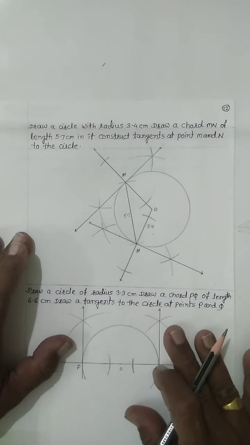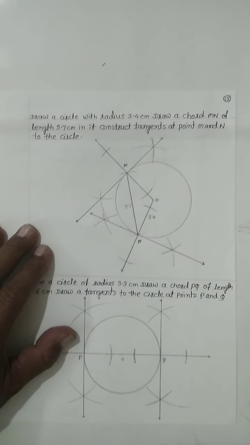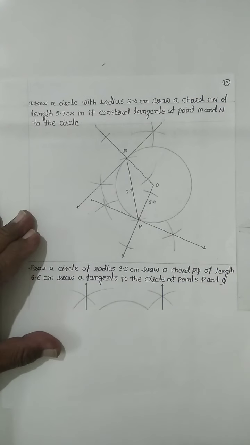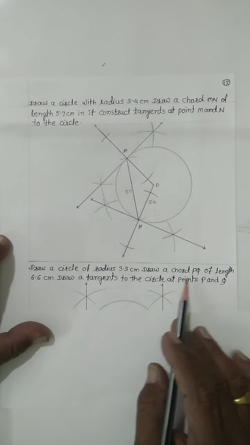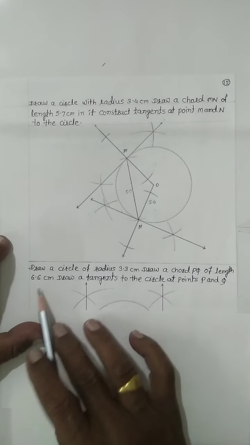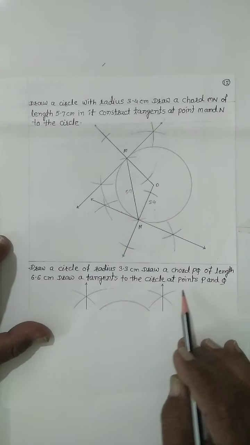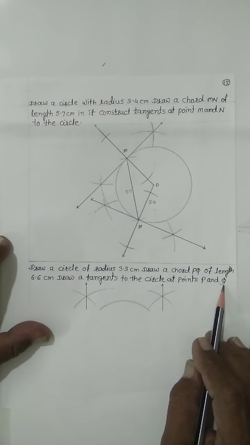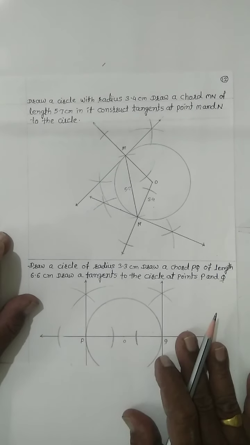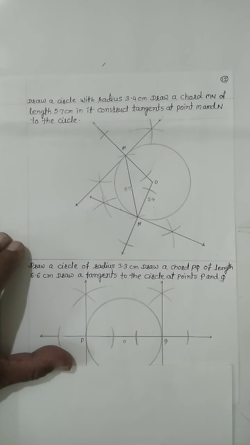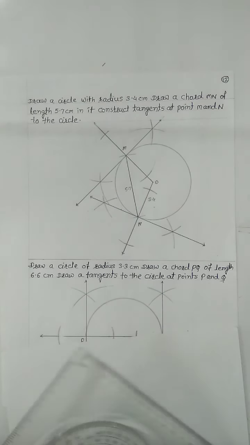Now again we take an example. In this example, see, draw a circle of radius 3.3 cm, draw a chord PQ of length 6.6 cm, and draw a tangent to the circle at points P and Q. Now in this construction, firstly draw the circle having radius 3.3 cm.